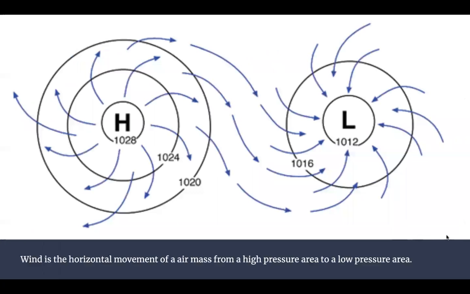One of the easiest things to understand about wind and the way that it moves is that most of the time this air mass is going from areas of high air pressure down to a low pressured area. A good way to remember that is to think of a balloon. Whenever you fill up a balloon with all that air, the pressure there is very high because all those air particles are wanting to escape, but they're being contained by the balloon.